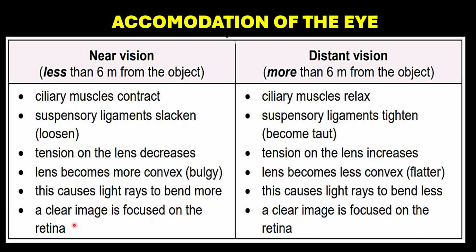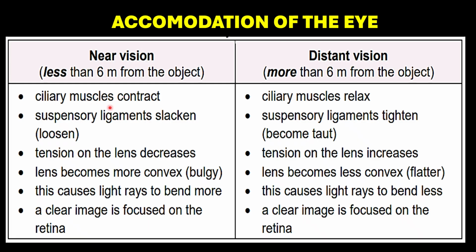Now, how do you explain such a situation where you are looking at an object in a near vision and the ciliary muscle is not contracting? You have to write the same thing, but you must write the opposite of all the statements. How do you write the opposite of all the statements? You simply insert the words will not.